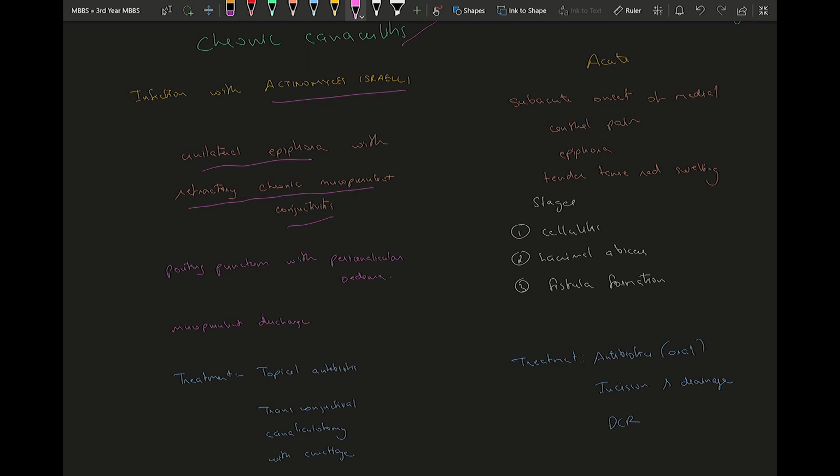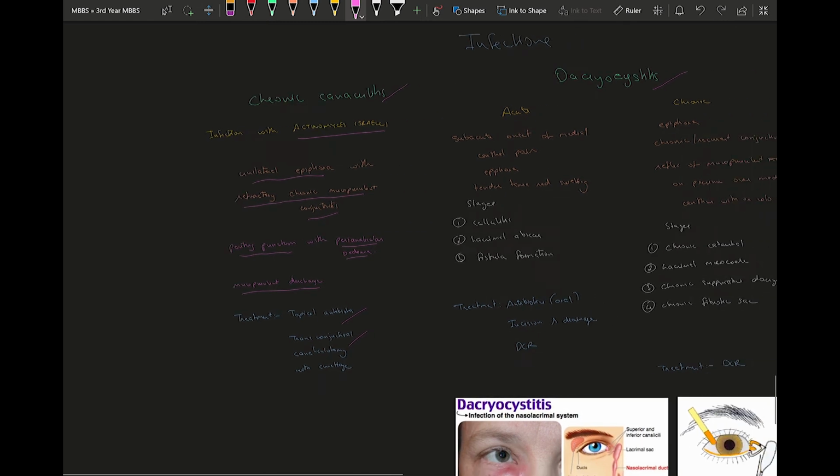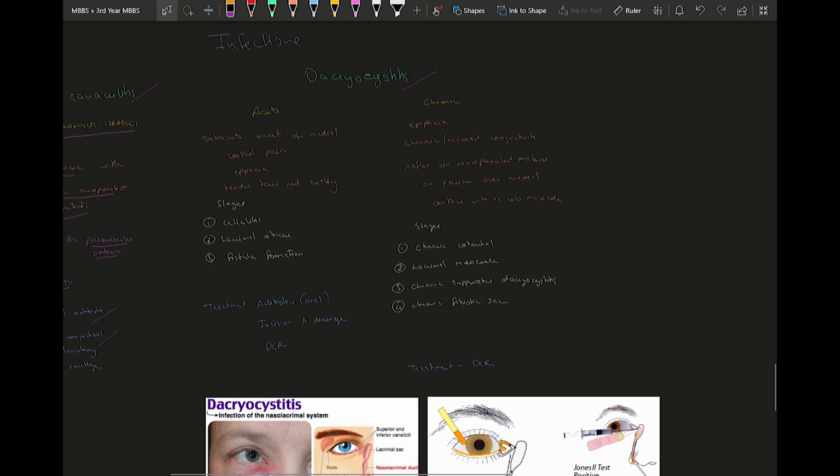So this presents with a punctum with pericanalicular edema as a clinical sign, and there is mucopurulent discharge present. The treatment options for this are topical antibiotics and transconjunctival canaliculotomy with curettage. So those are the treatments for chronic canaliculitis.